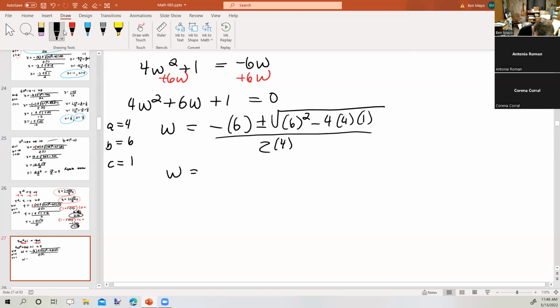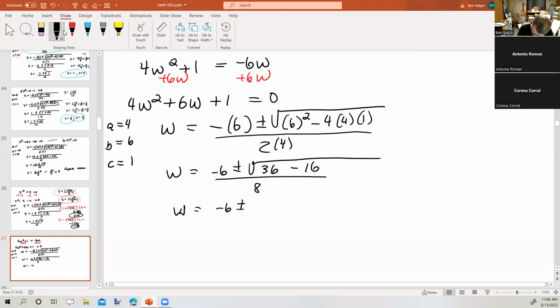Simplifying, W equals negative 6 plus or minus the square root of 36 minus 16. 6 squared is 36 minus 4 times 4 is minus 16 times 1 is still minus 16. All over 2 times 4, which is 8. W equals negative 6 plus or minus the square root of 20 all over 8.